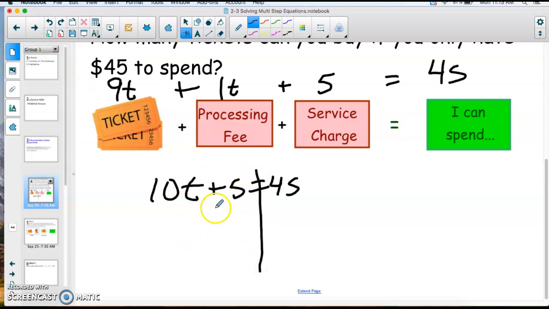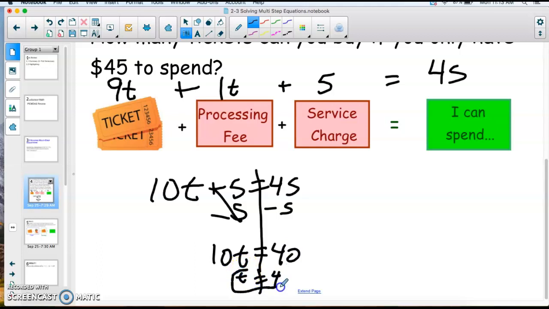We subtract 5 from each side, so we end up with 10t equals 40. Then we divide by 10, and t equals 4. 40 divided by 10 is 4. So we bought 4 tickets.